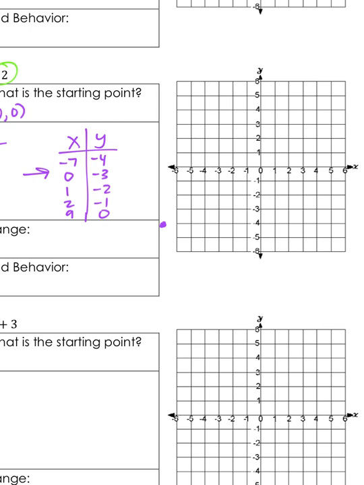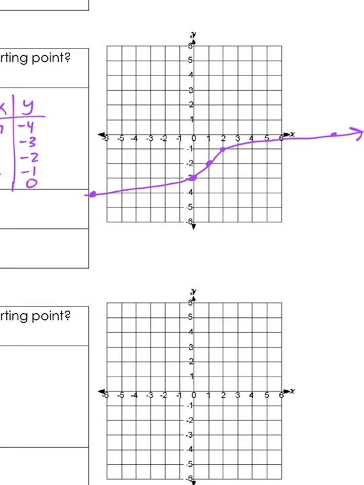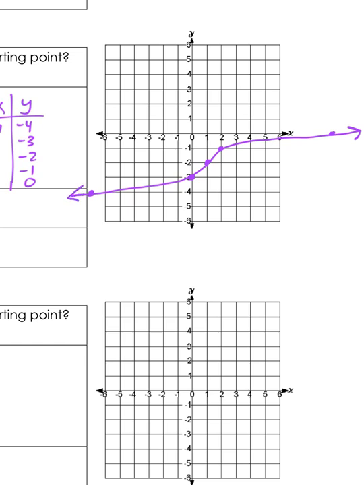Oops, sorry, I did that wrong. 0, -3, 1, -2, 2, -1, and 9, 0 would come out here-ish. That's probably a little far. Maybe there. And now I can connect those. So obviously it's not quite perfect, but it's close enough.